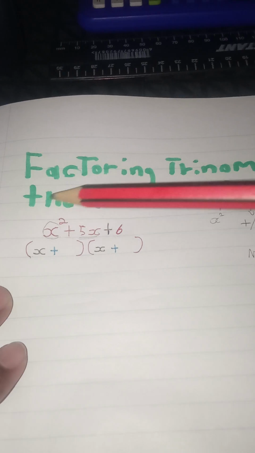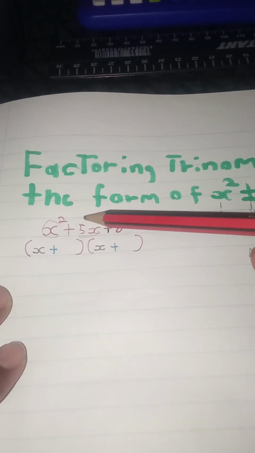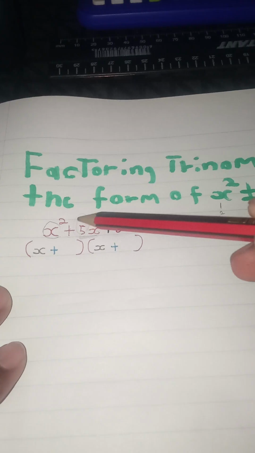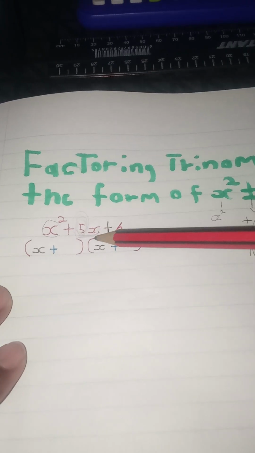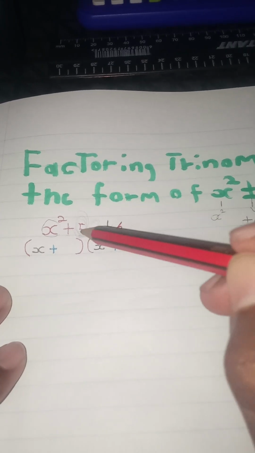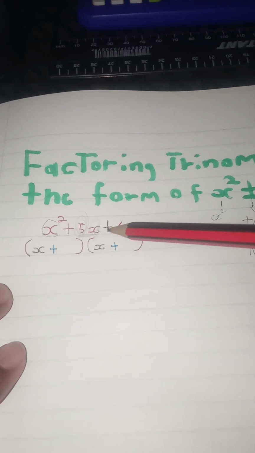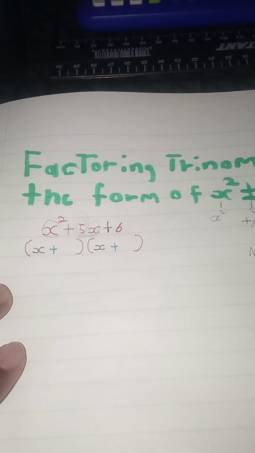Remember, as I told you, you will find a number in front of a variable. This is 5, a number in front of a variable. This is 5x, as you can see. Then the plus.